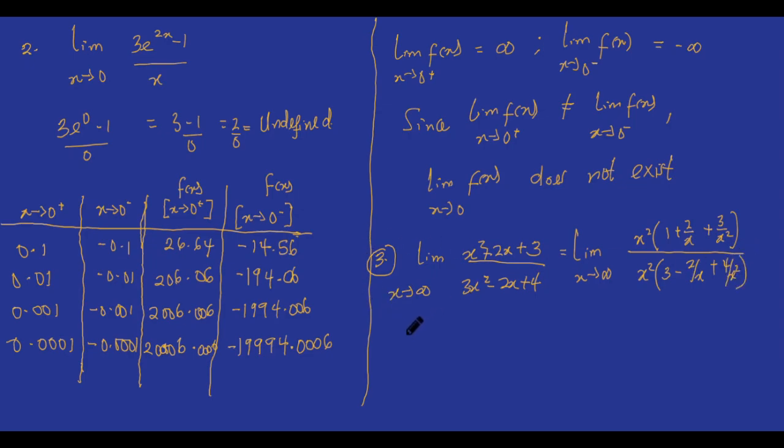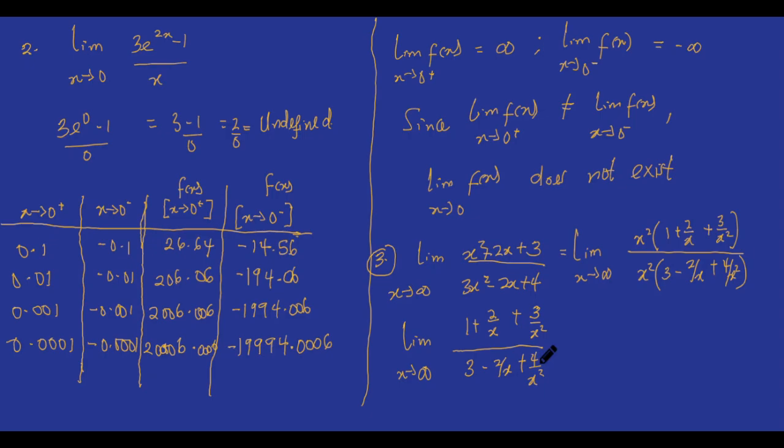It means our original question now simplifies to the limit as x tends towards infinity of the function 1 plus 2 divided by x plus 3 divided by x squared, divided by 3 minus 2 divided by x plus 4 divided by x squared.